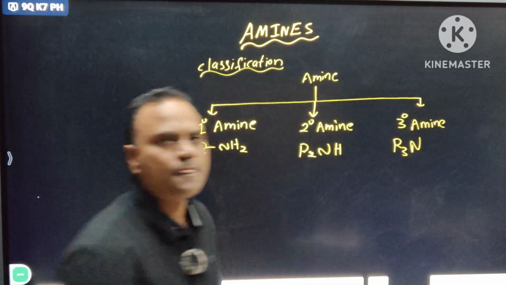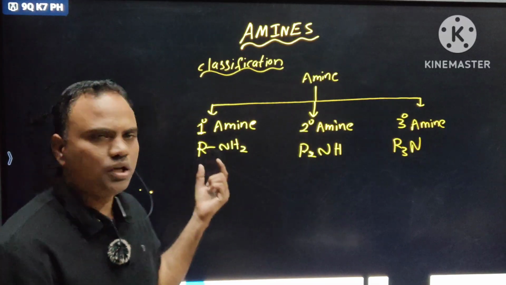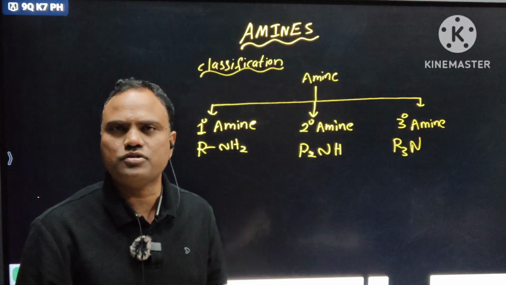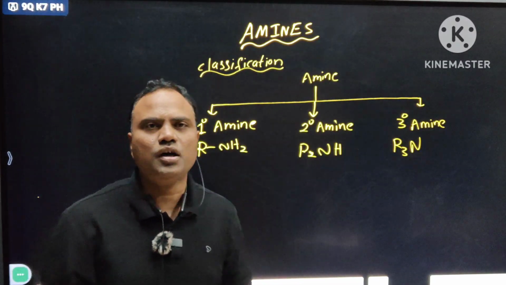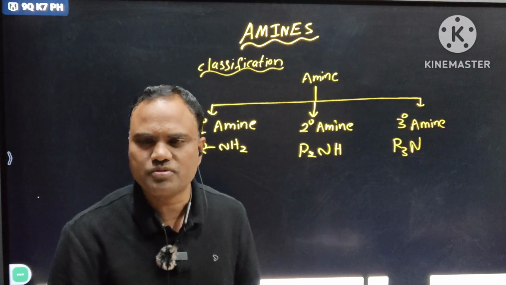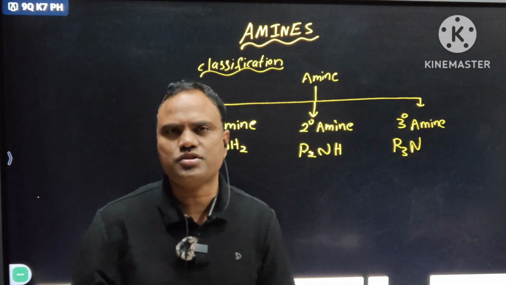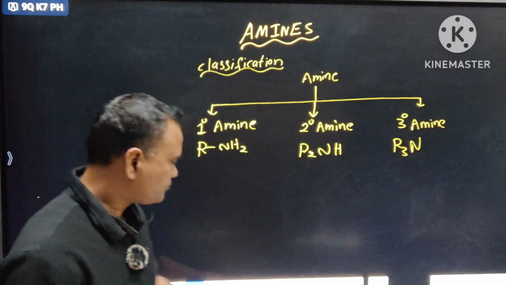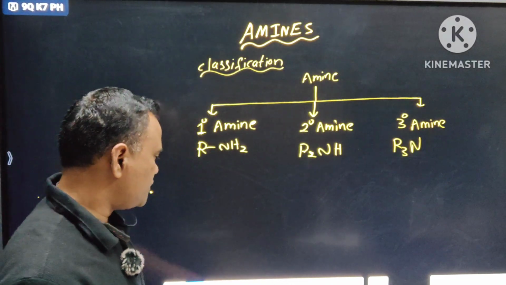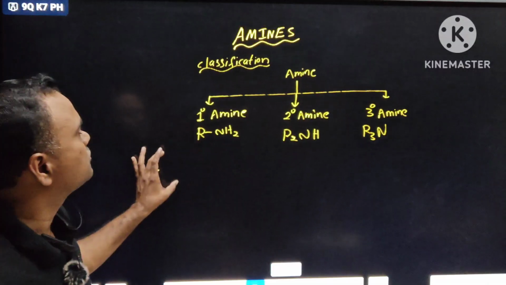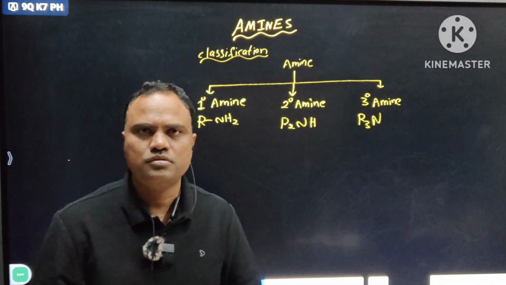If we have one alkyl group around nitrogen, that is primary amine. If we have 2 alkyl groups, that is secondary amine. If we have 3 alkyl groups around nitrogen, that is tertiary amine. Online students, are you following?